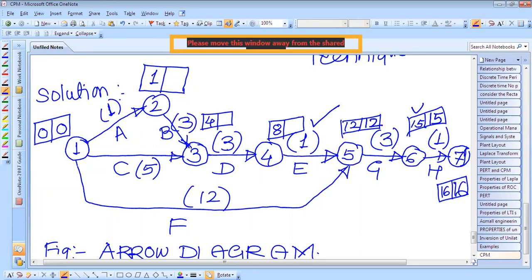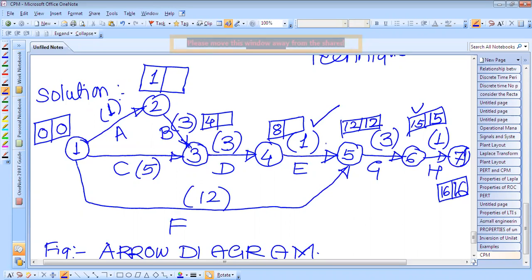Here it is 5, 8, and this is 9. So total duration for this is 9, 10, 11, 12, 13. So 13 minus the activity.